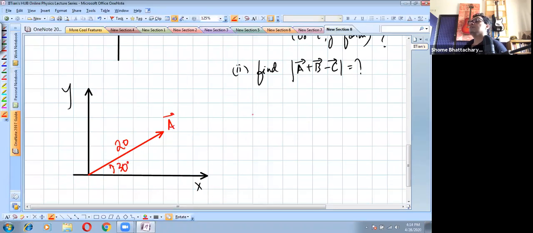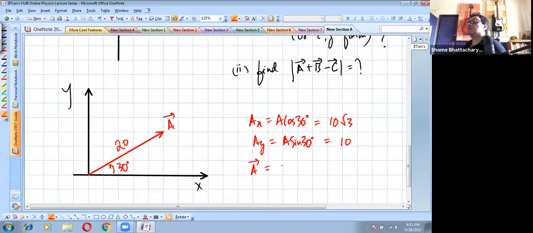So we can see that the x component of A is simply A cos 30. That is 10 root 3, because cos 30 is root 3 by 2. And the y component is A sin 30. So that is 20 into half, so that is just 10. So the vector A in component form very simply is 10 root 3 I cap plus 10 j cap.